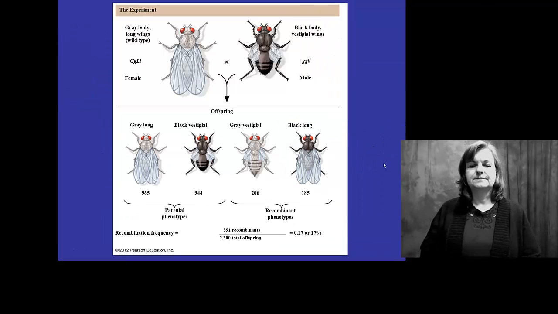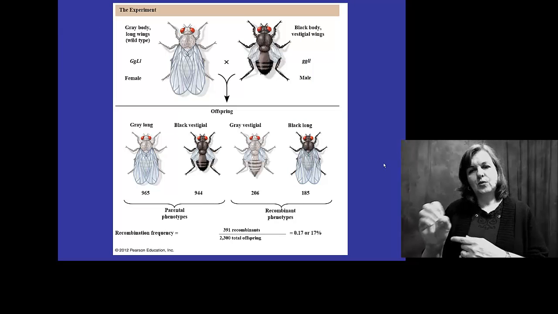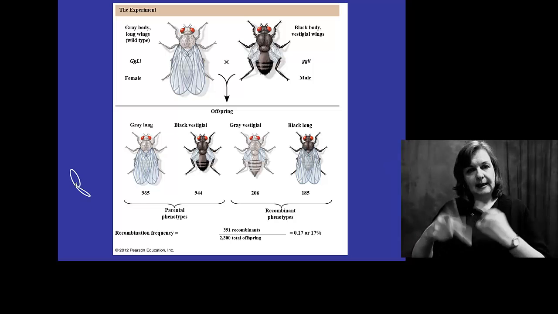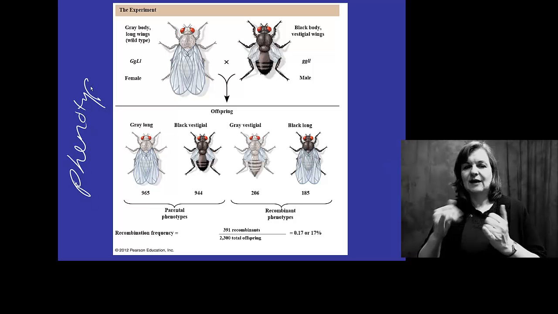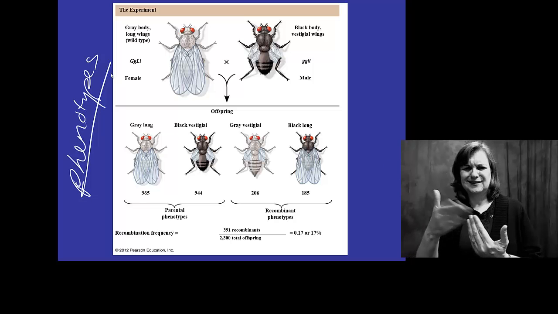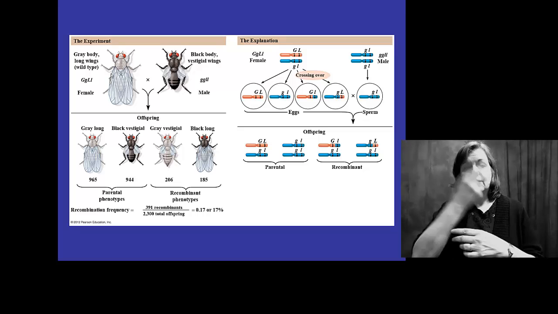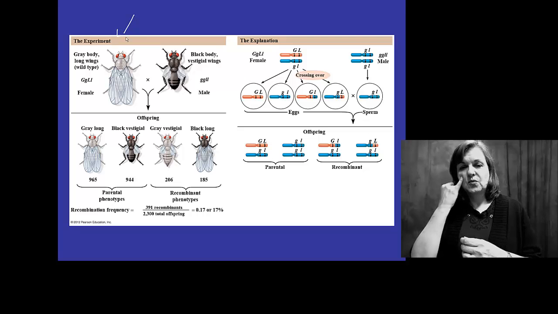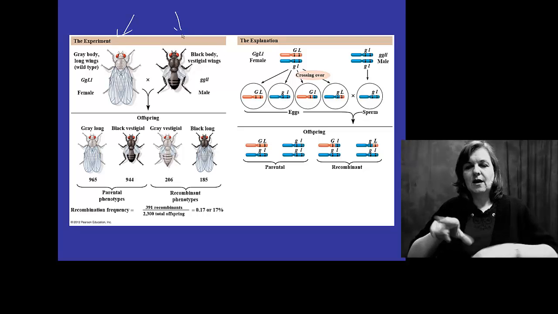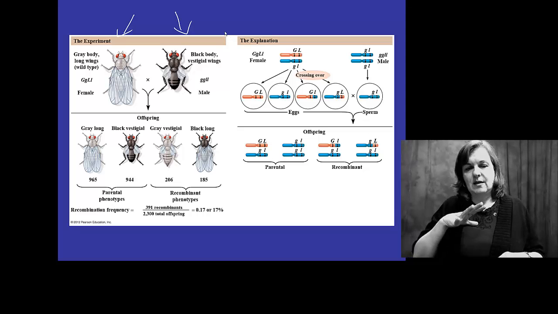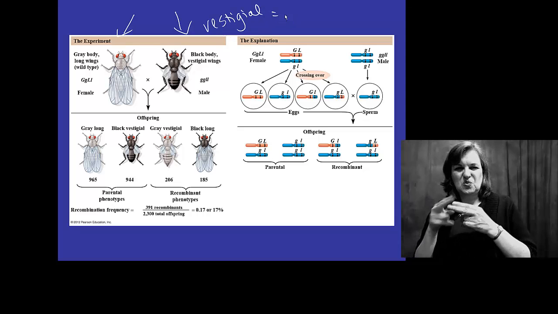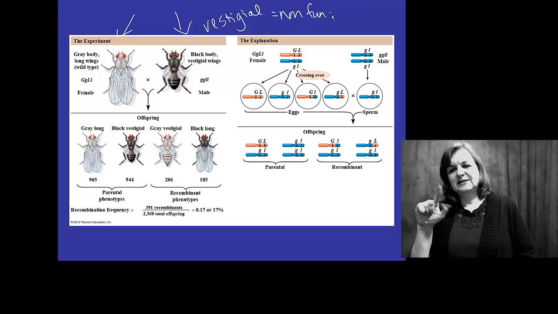Because when we start actually looking at organisms instead of just flowers, if we look at animals, we can look at different body types. We can look at different characteristics. We're looking at phenotypes here because it's easier. And we're going to link those phenotypes then to genotypes. And I want to know if I cross this gray-bodied, long-winged female with this black-bodied, stumpy-winged male, vestigial means, in this case, non-functional.